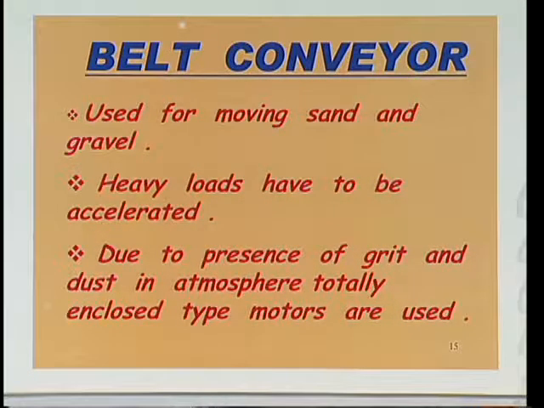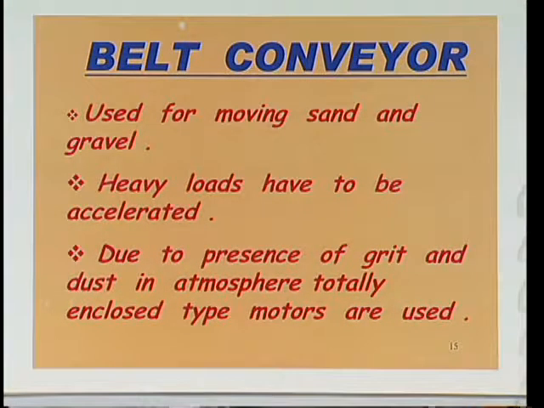Belt conveyor. This is very important equipment used in many industries. For example, in the case of thermal power plant, you have the coal yard. The coal is transported from coal yard to the boiler house by means of this particular belt conveyor.